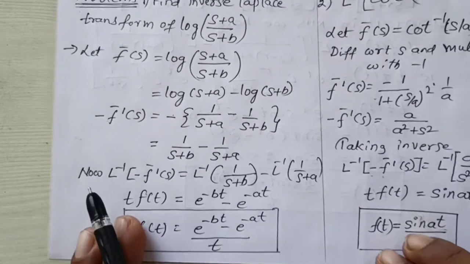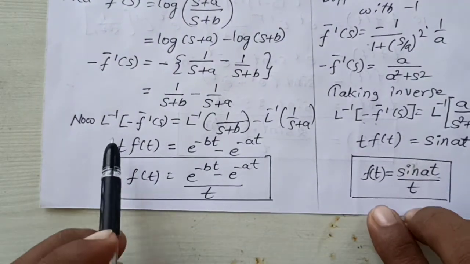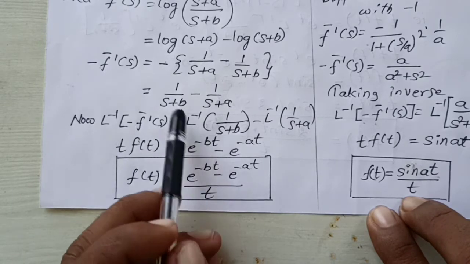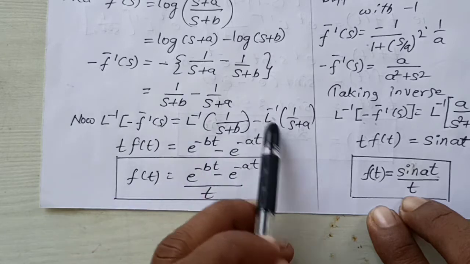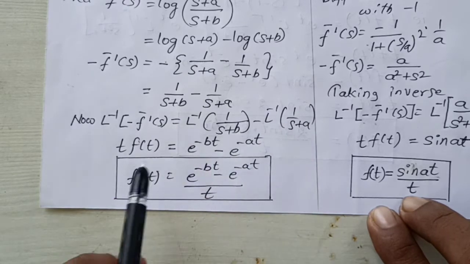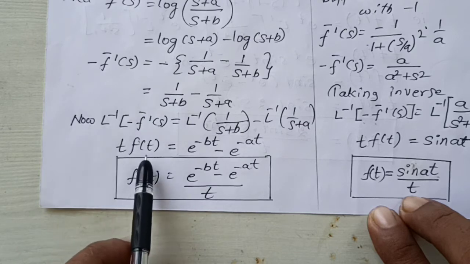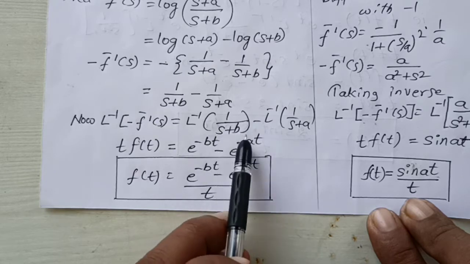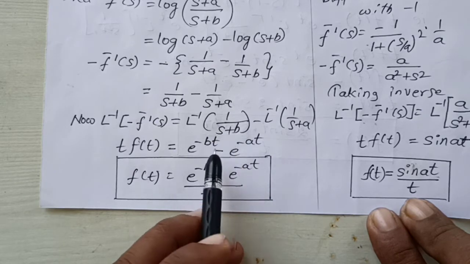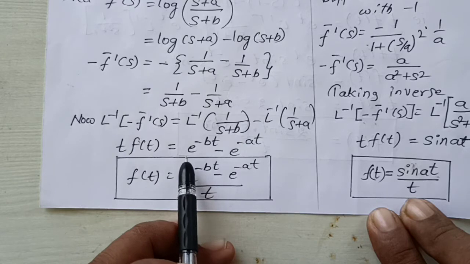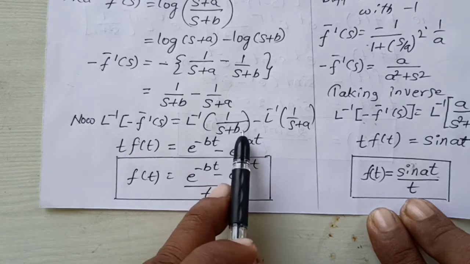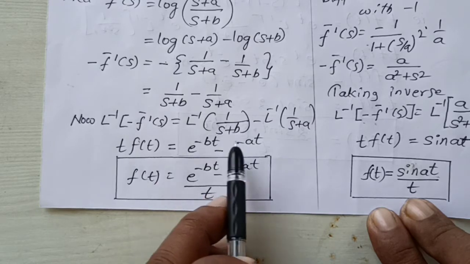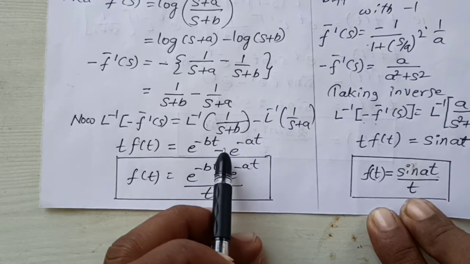Now taking the inverse on both sides, Laplace inverse of minus f dash bar s is equal to Laplace inverse of 1 upon s plus b minus Laplace inverse of 1 upon s plus a. This is nothing but t f of t. Laplace inverse of 1 upon s minus a is e raised to a t. Now it is s plus b, definitely plus is there, so e raised to minus b t.